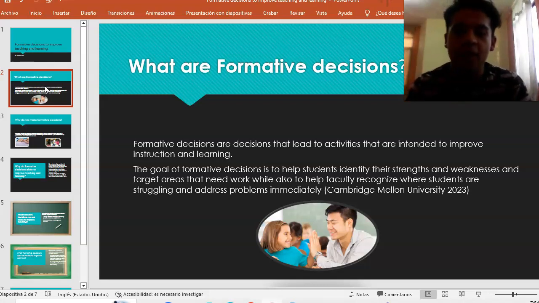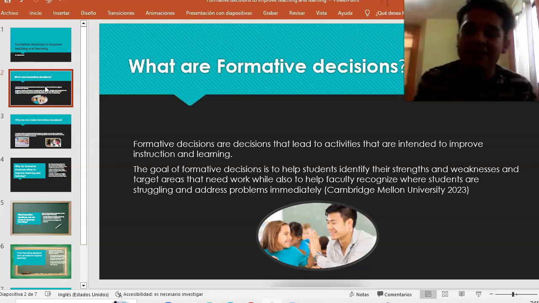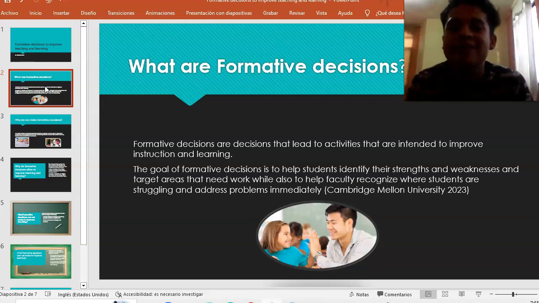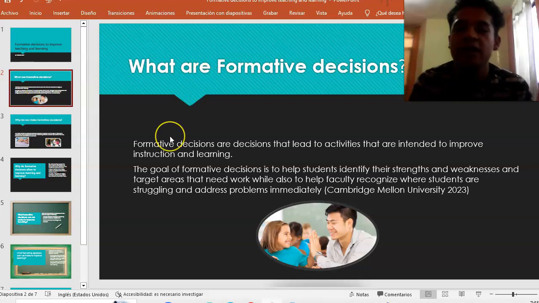And also, like Cambridge Mellon University states, teachers really try to identify the students' strengths and weaknesses so they can adapt, change their types of activities based on their understanding of the topic or the lesson learned in the classroom. So it is really helpful not only for the teacher, as I said before, but also for the students.